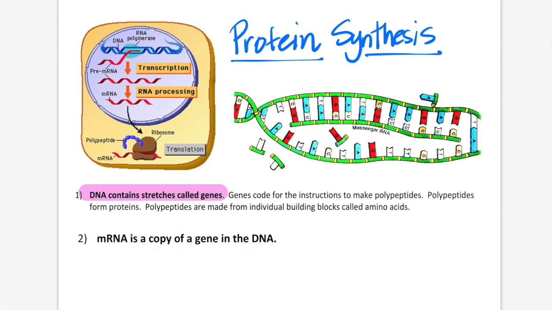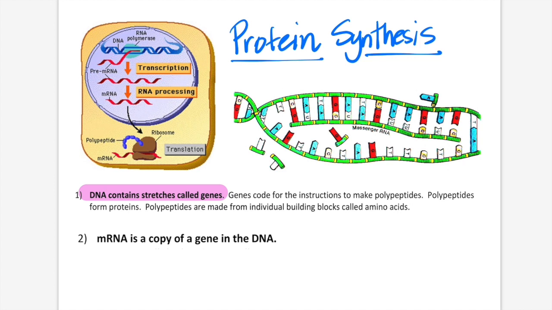So our genes code for our eye color, our hair color, our skin color, certain enzymes in our body that we need to carry out certain processes. It also codes for certain hormones. And so protein synthesis is important in this aspect because it is necessary to carry on life.